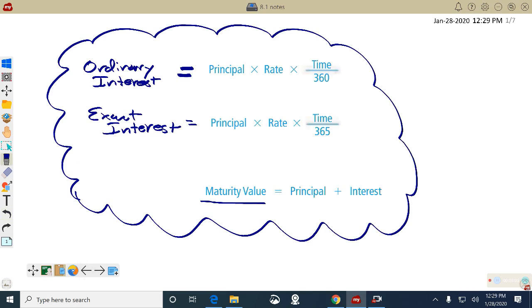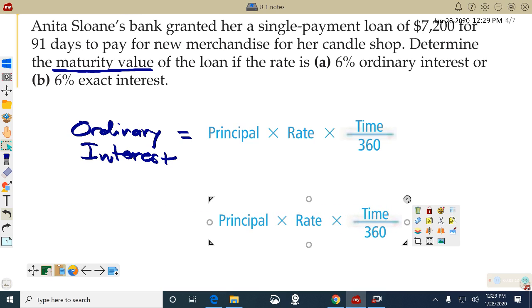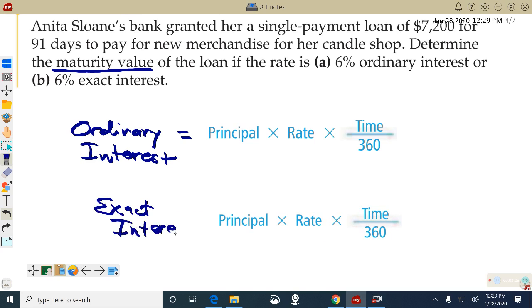Let me copy and paste this. Exact interest. So we're going to write both down here. Some banks will lend you money on exact interest. Some banks will lend you money on ordinary interest.